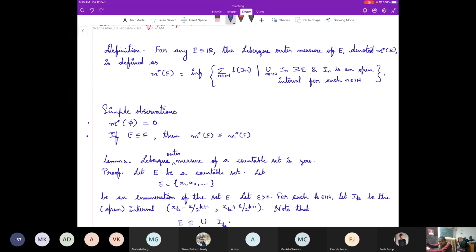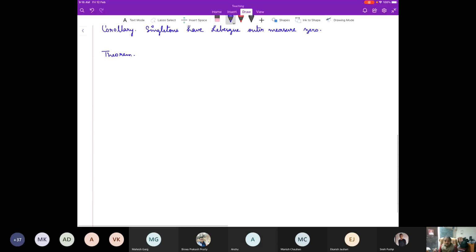So that's what we are going to do now. Lebesgue outer measure of an interval is equal to its length.